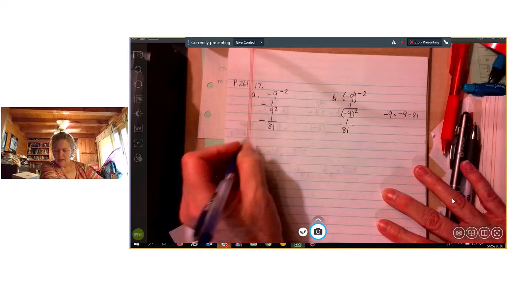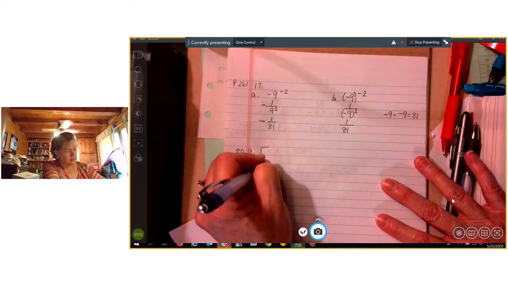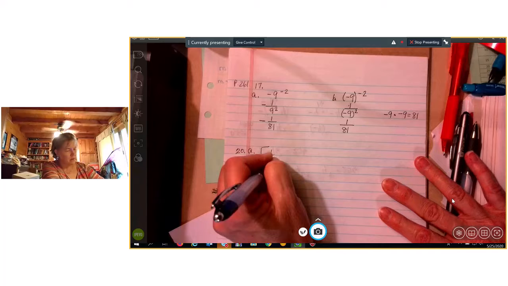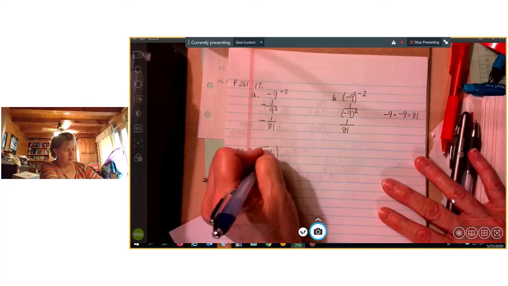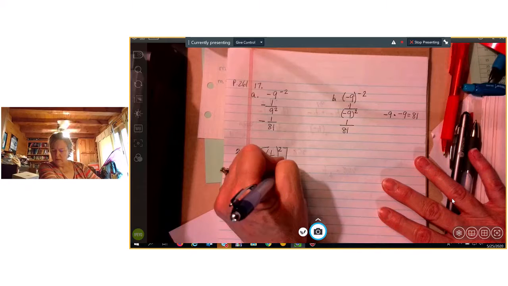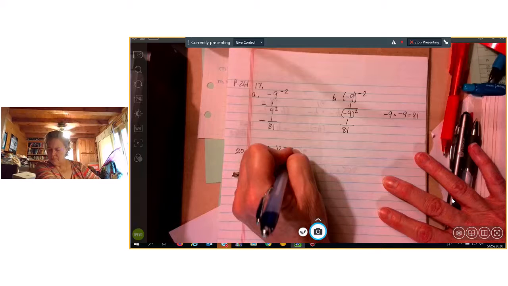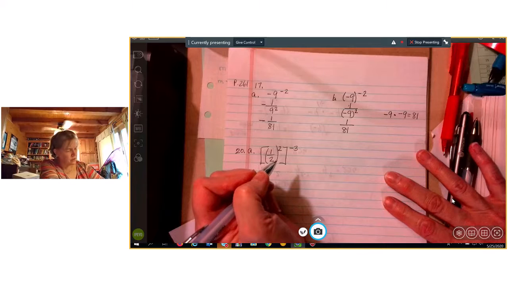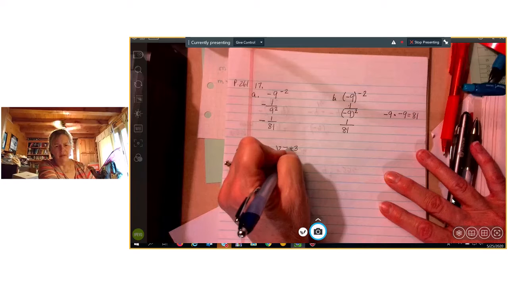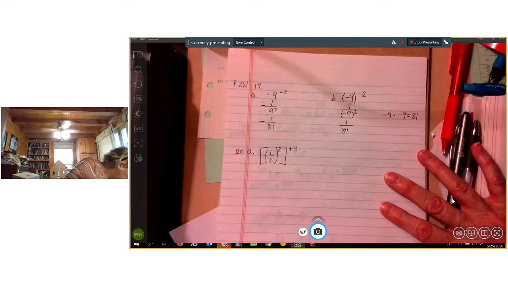And 20A is saying that I have a fraction, and I know people just love fractions, so that's why I want to do one. 1/2 squared, I'm making sure because I've got brackets here, and parentheses, to the negative 3. No, sorry, just to the 3rd. I'm going to make that a positive 3. Probably help if I pull my glasses out, wouldn't it?